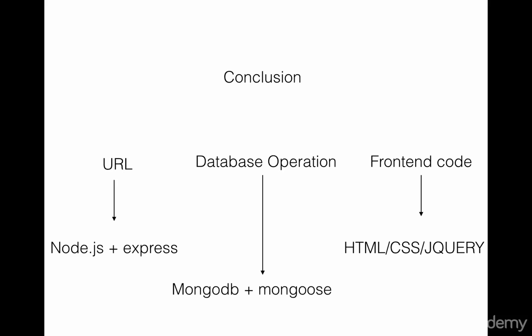If you have mastered these three sections, the URL routes are the back end of your code, the database operation is MongoDB, and the front end is the client side, which uses HTML, CSS, jQuery, and some custom JavaScript. You could pretty much build anything you could ever imagine, and that is really cool and amazing. So stay healthy and happy coding.